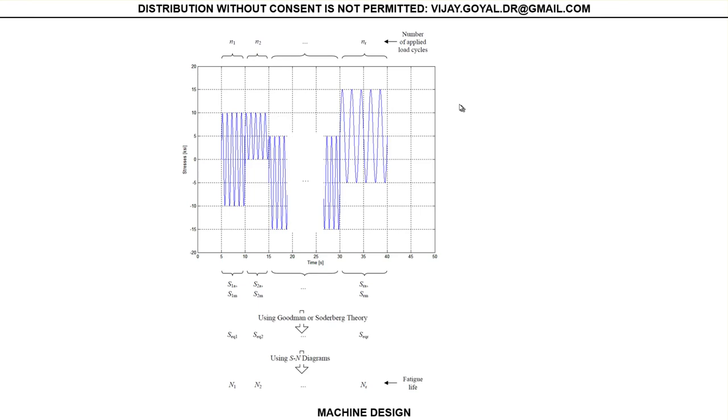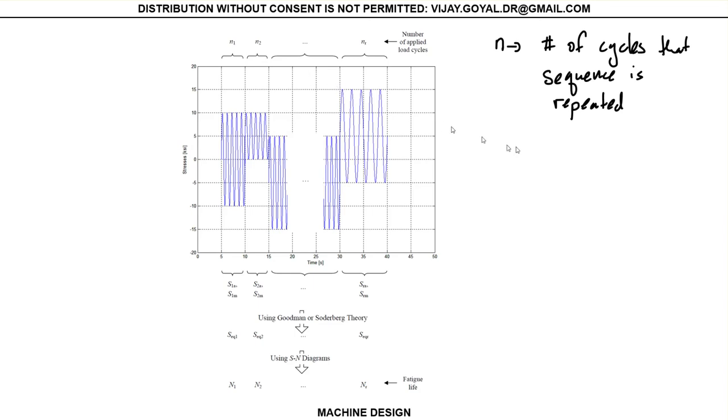So to understand how this works, we're going to call small n the number of cycles in the sequence, that is repeated.